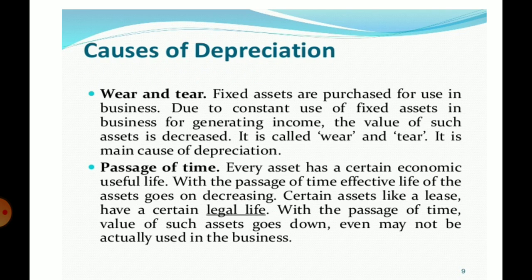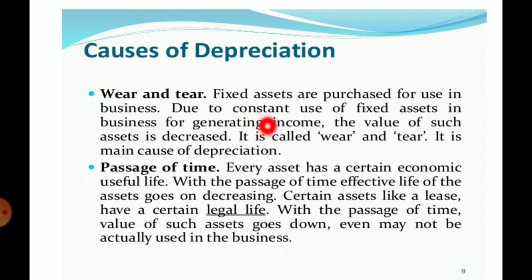Okay. Causes of depreciation. Why does depreciation occur? First is wear and tear. Fixed assets are purchased for use in the business. You want to use them in your business for the purpose of production.